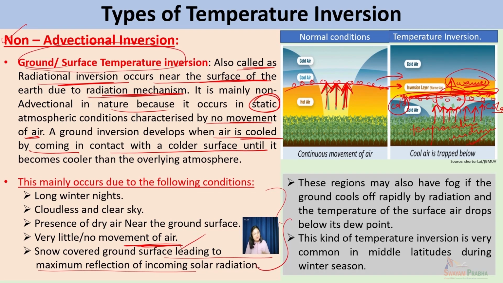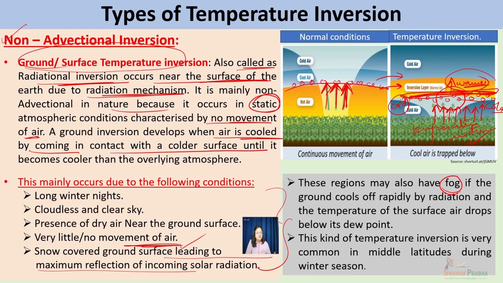Because of these conditions, sometimes fog may also appear in these regions when the ground surface cools off too rapidly and the temperature of the surface air drops below its dew point, leading to the formation of fog.